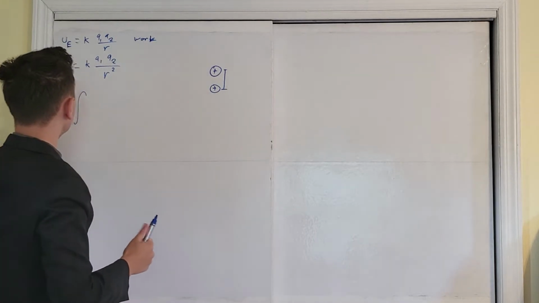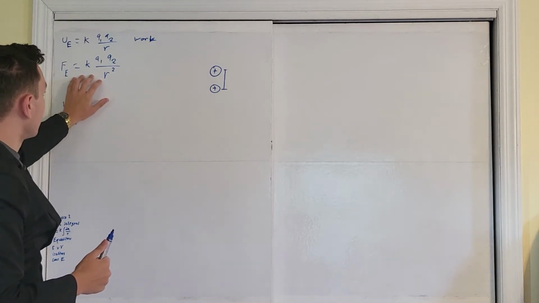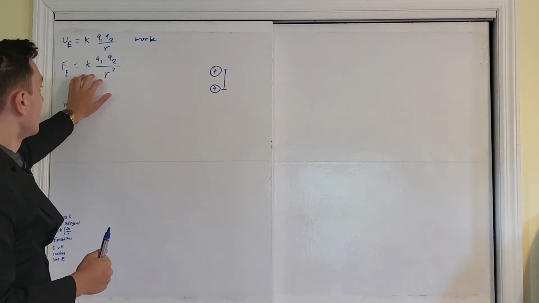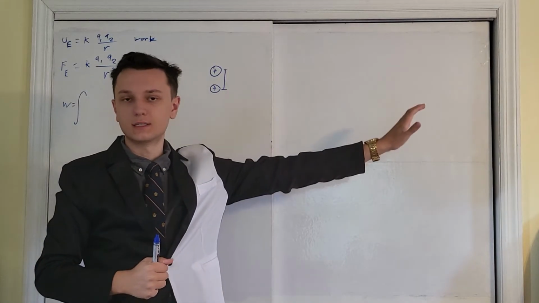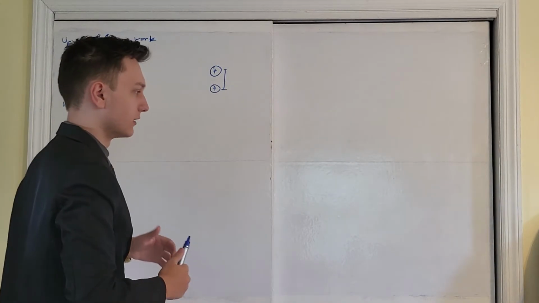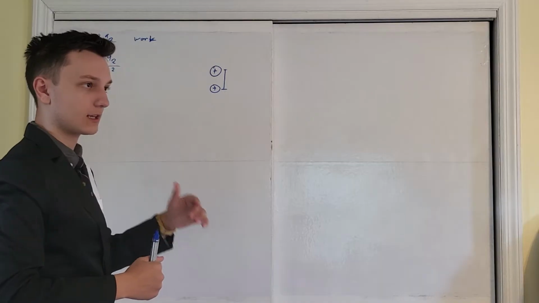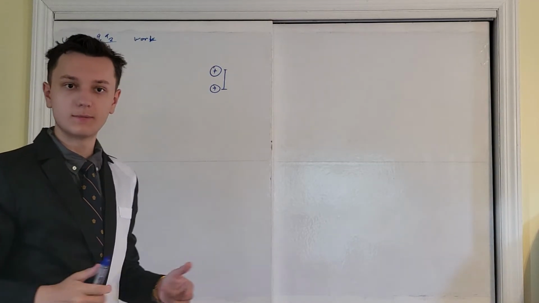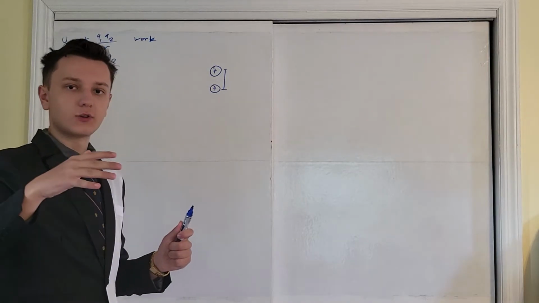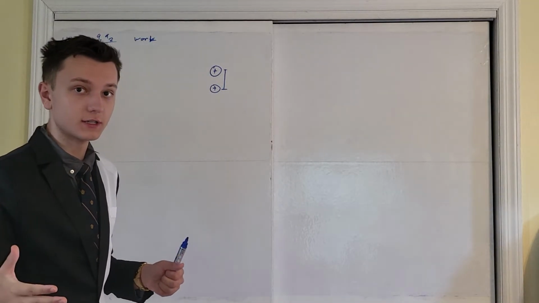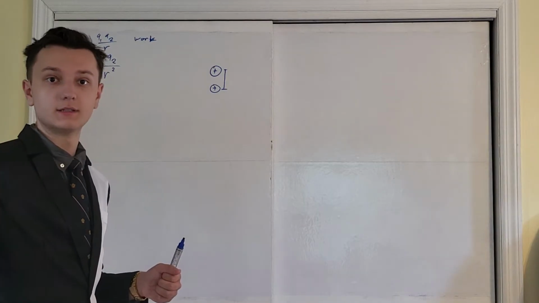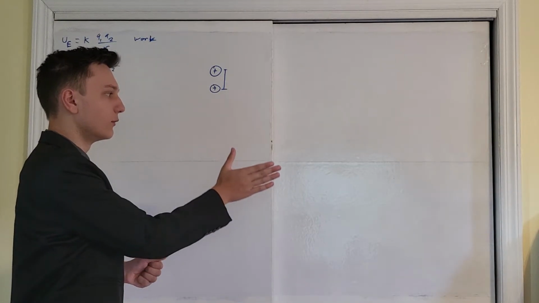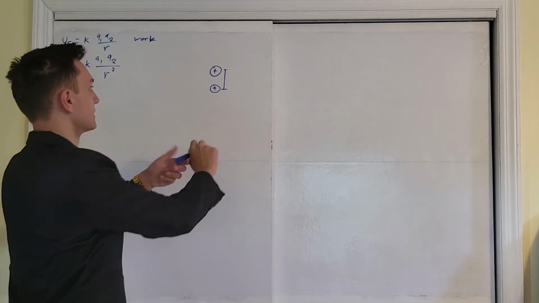Because as we know by this equation, the electric force continues to act on any particle up until they are an infinite distance away, and that is one of the assumptions made on your reference table. The electric force felt by any point charge at an infinite distance is 0. So we're basically trying to integrate from when our force starts, which is infinite distance away, and we're trying to finish integrating when we are at our desired distance r.